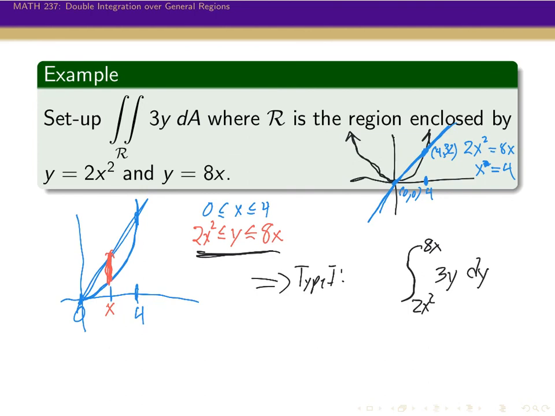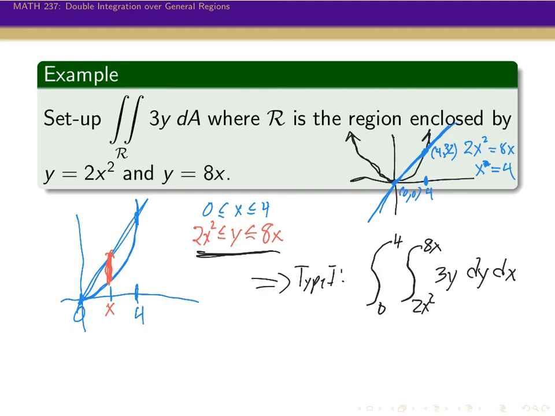And then we're putting dy in there to indicate that we're integrating in terms of a vertical line, so in terms of y first. And then after we do that integration in terms of y, we're doing the integration in terms of x from 0 to 4. Okay. So that's what we get treating this as a type 1 integral.